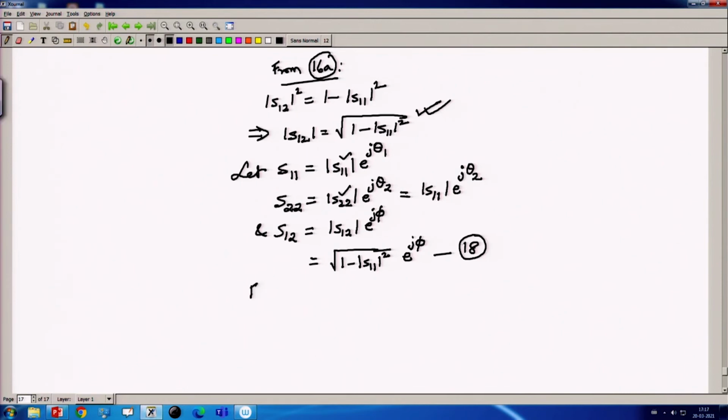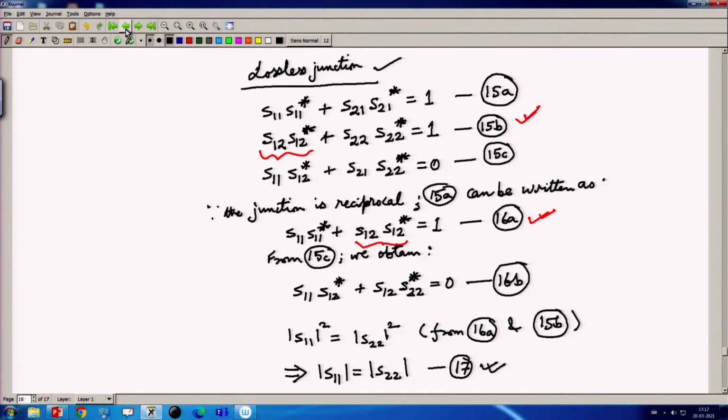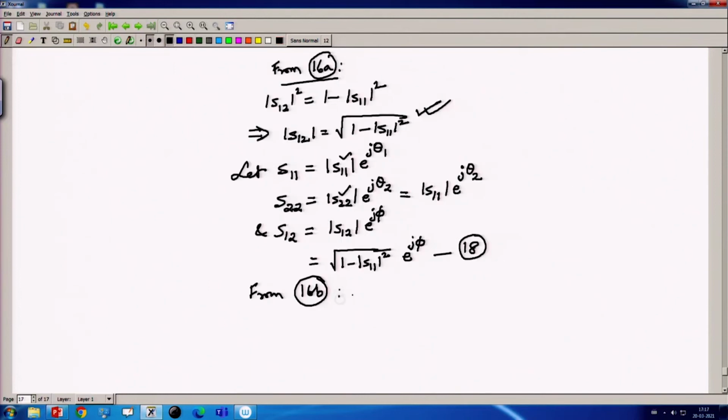Now, from 16b, if I look at equation 16b, which is here, so I can write that 16b reads S11 S12 star, this was the statement of equation 16b.